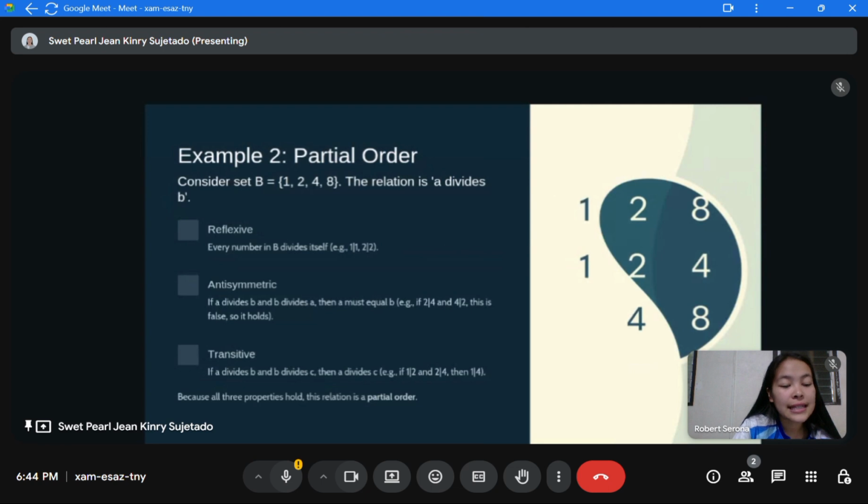Transitive, yes, if 2 divides 4 and 4 divides 8, then 2 divides 8. So this is a partial order. When we draw the Hasse diagram, we get a chain 1, 2, 4, and 8. This shows a clear ordering from the smallest to greatest based on divisibility.